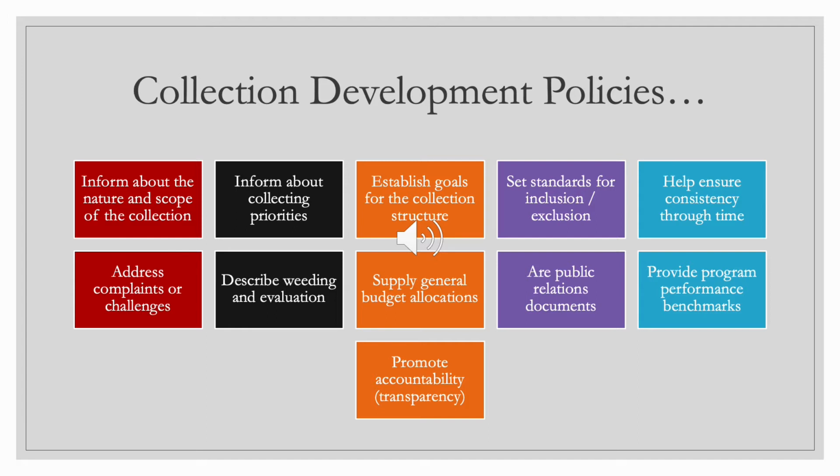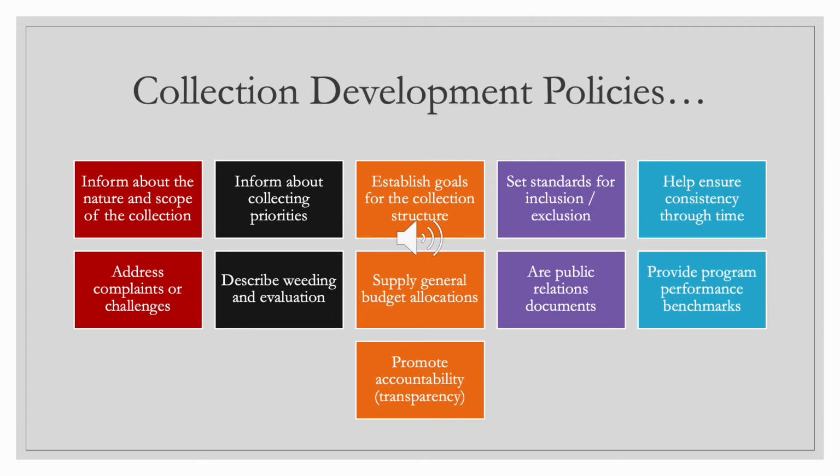Related to this is how does the library choose when to weed and evaluate its collection? Having a process that's at least referenced or outlined can assist the library in handling challenges and questions about the materials in the collection. It's also helpful if the collection development policy gives some sort of general budget allocations and details.